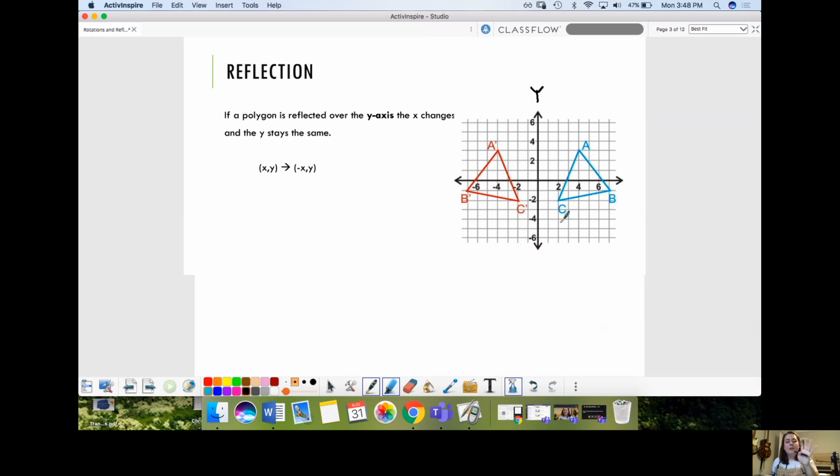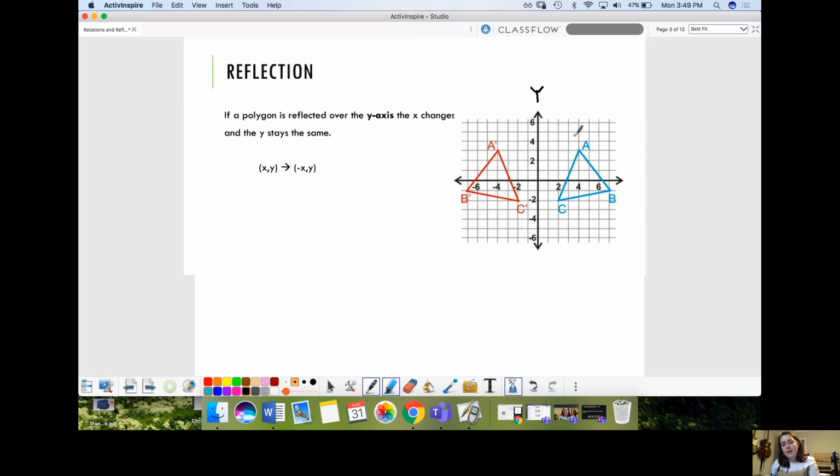And so if we're flipping our pre-image, which in this case is our blue triangle, over to become our image, which is our red triangle, then we want to make sure it's the same distance. I know the blue is the pre-image because it doesn't have the apostrophes. It doesn't have those prime marks.